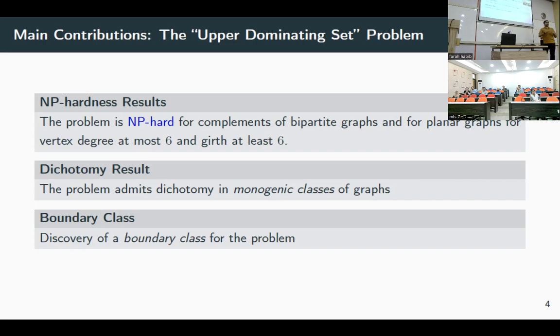So the contribution is that we found some other classes for which it is NP-hard, and we also found the boundary from where, if you jump to the other side, it becomes NP-hard. If you're on one side, you can solve it in polynomial time. If you go to the other side, it cannot be solved in polynomial time. And we did not just show that a dichotomy exists. We also showed what the boundary is which creates this dichotomy.